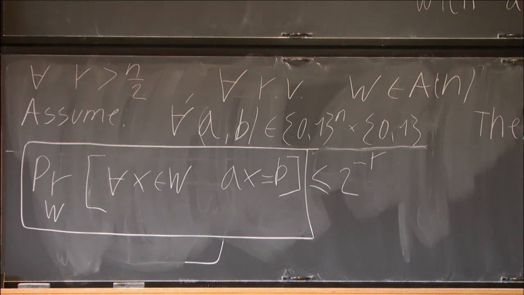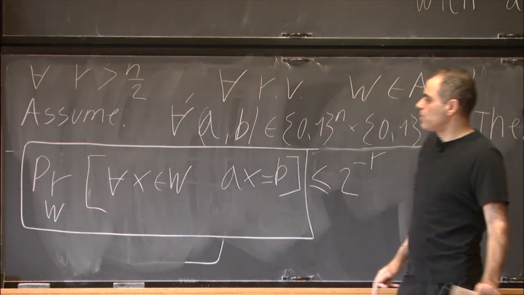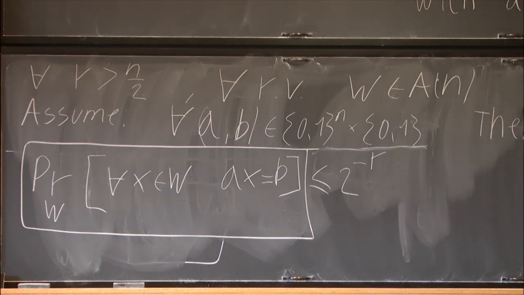And the condition is that for any ab, the probability over W that all the elements in W satisfy ab is smaller than 2 to the minus r. And now I'm going to tell you more or less how the proof of the main lemma goes. Actually, I only have 5 minutes, but I will be able to give the main idea without the details.